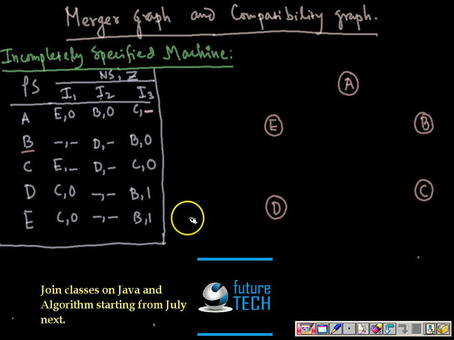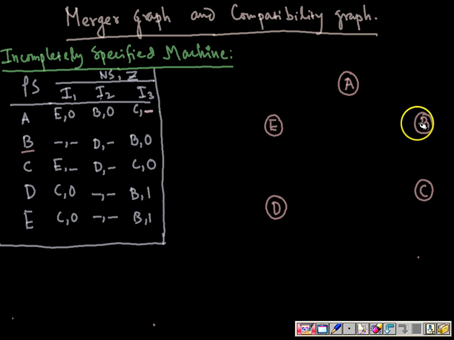Now A and B, these two states are going to have an arc between them if they do not conflict for their outputs. That's the first condition. If the output for any input is different, then the two vertices are not going to have any arc.